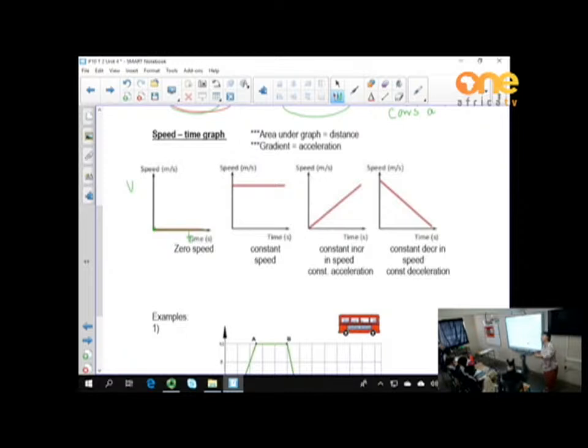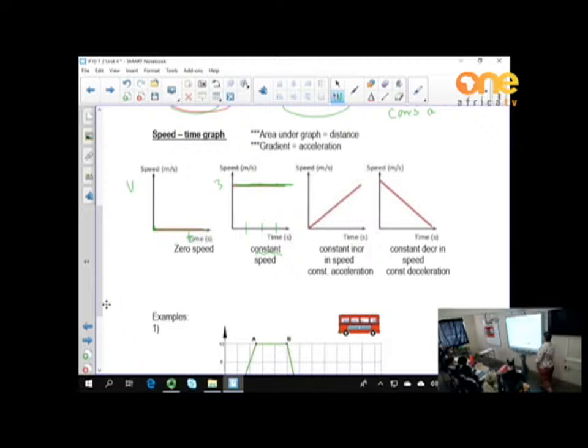If I have constant speed, I am driving along at 3 meters per second. The first second I'm traveling at 3 meters per second, the second second at 3 meters per second, the third second at 3 meters per second. I have constant speed. Draw the graph.